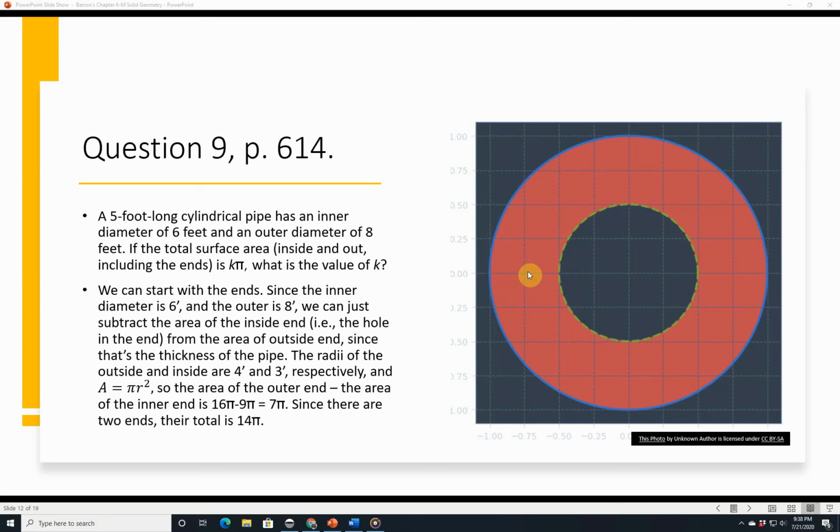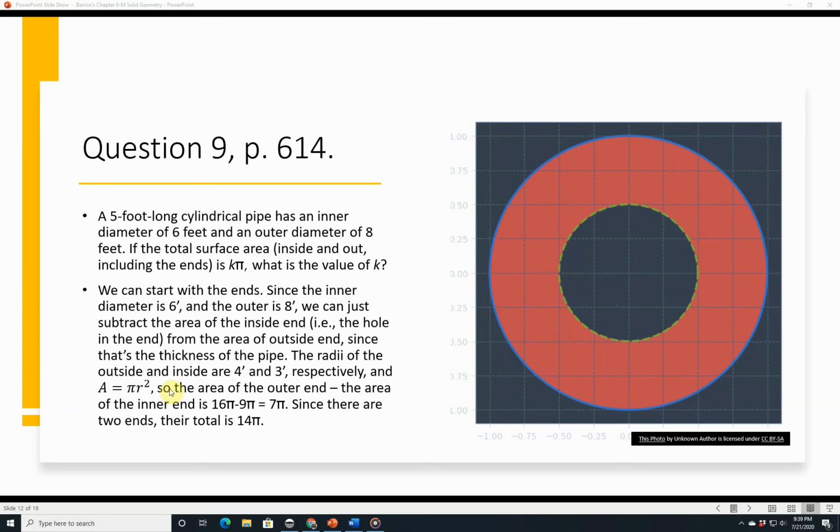Anyway, we can just subtract the area of the inside end, that is the hole in the end, the 6-foot diameter hole, from the area of the outside end, which would be the end of the 8-foot diameter end, and that's the thickness of the pipe. So the radii of the outside and the inside: this is 4 feet from the center to the outside, and then it's 3 feet to just the end of the inside.